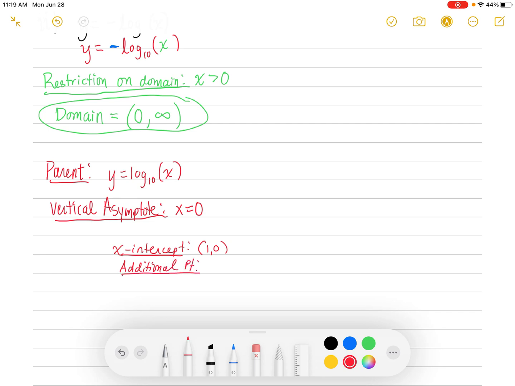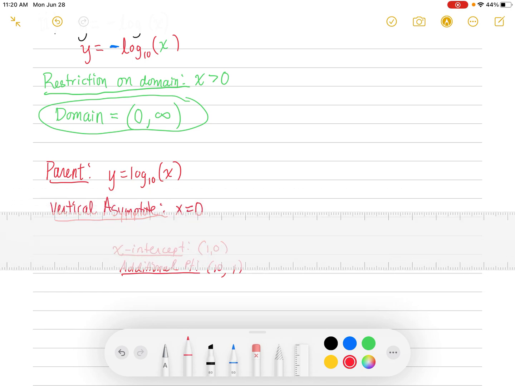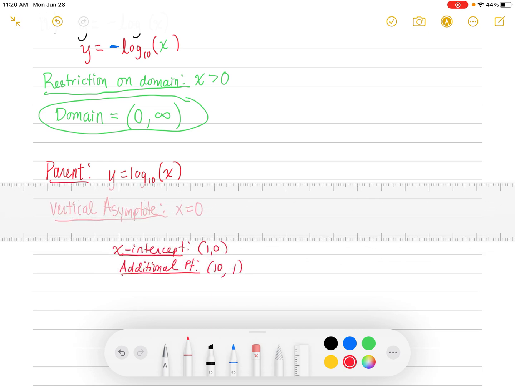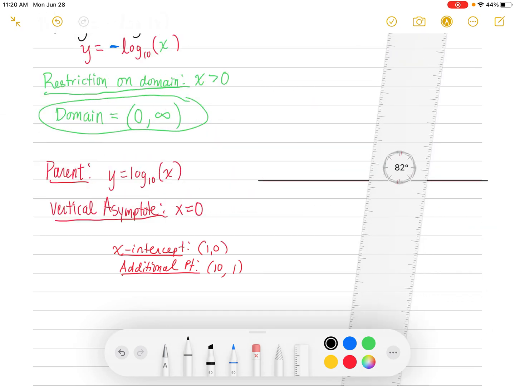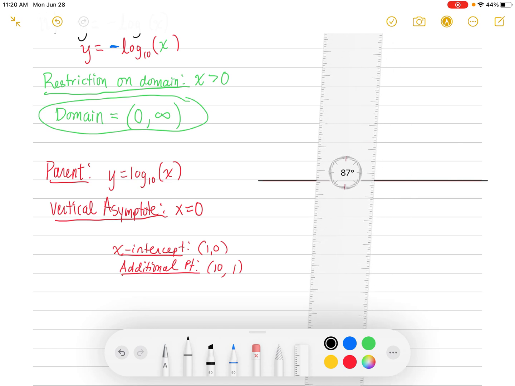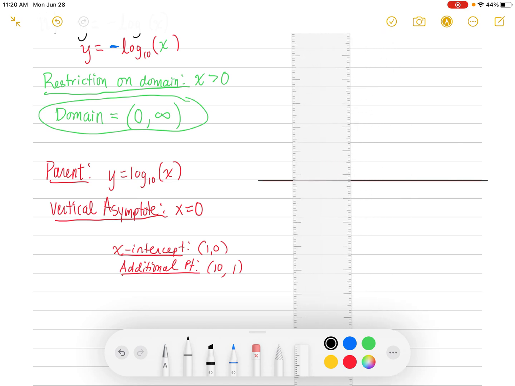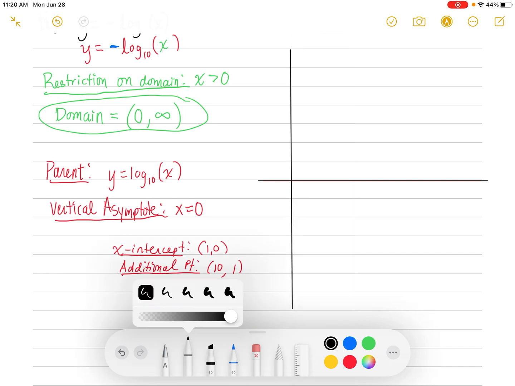And then you have one more point. So I shouldn't have called that additional points. I'll call this the additional point. Remember, the additional point after the x-intercept is going to be a comma 1. But wait a second, what is a here? A is the base, right? It's base 10, so we're going to have 10 comma 1. So I graph this out carefully enough.